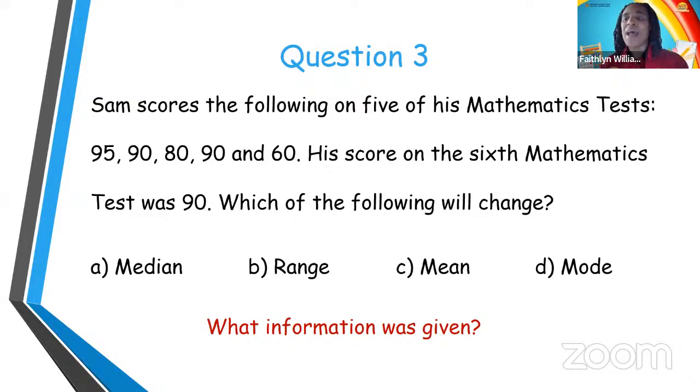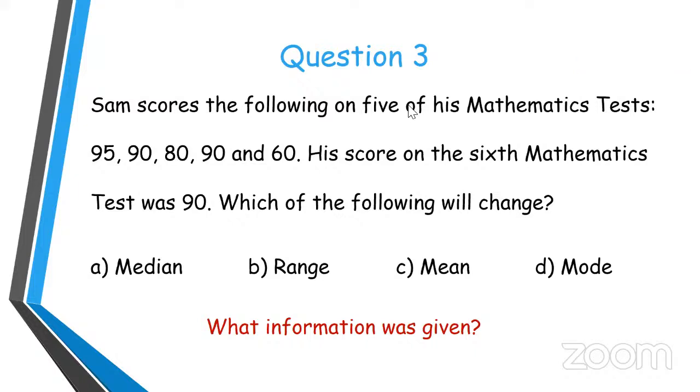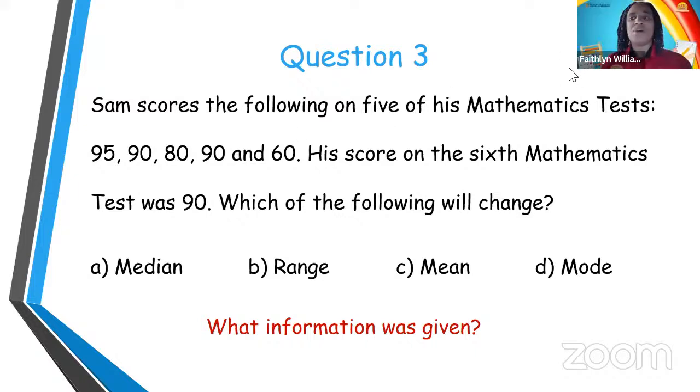So I am going to ask Nekora to unmute and tell us what information is given in this problem. Nekora, go ahead. What information is given in this problem, and what is it that you're going to use to arrive at your answer?